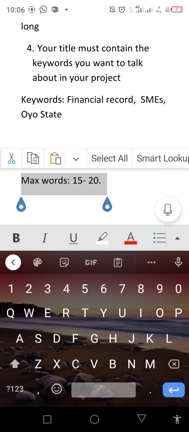Remember, your research project starts with the topic. And a good research project will be easily known from the topic. I repeat, a good research project will be easily known from the topic, and a bad research project will be easily known from the topic also.